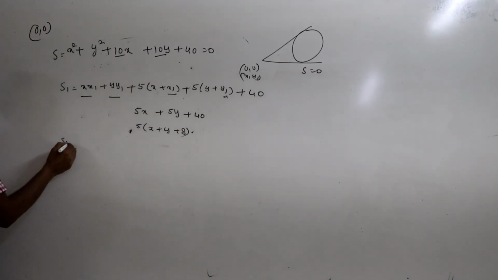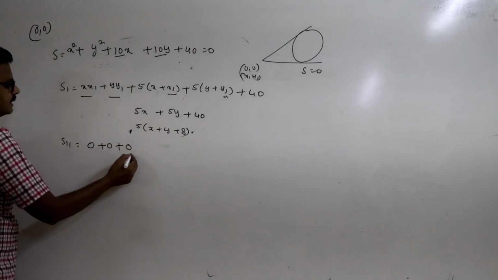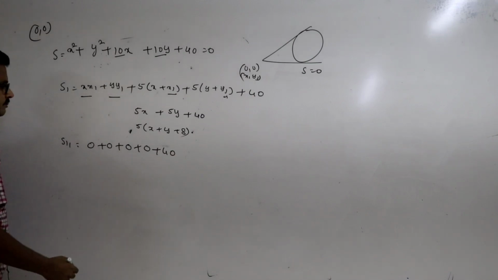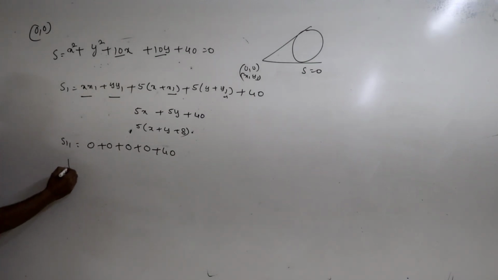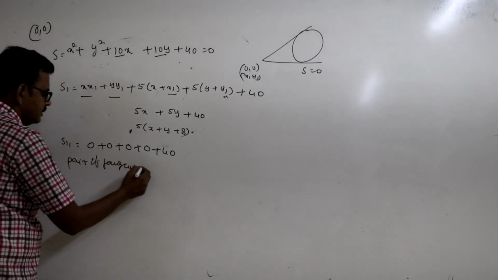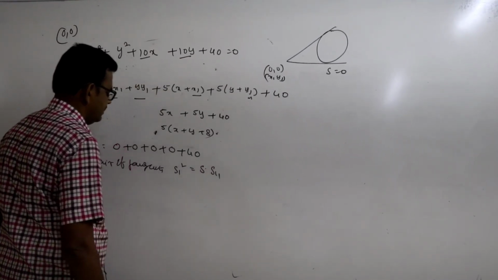And S11 is x1 square plus y1 square plus 2gx1 plus 2fy1 plus c, which is 40. So the combined equation of pair of tangents is S1 square is equal to S into S11.